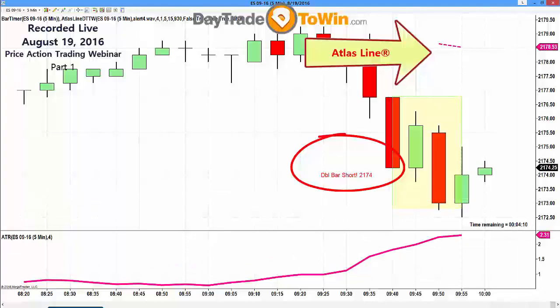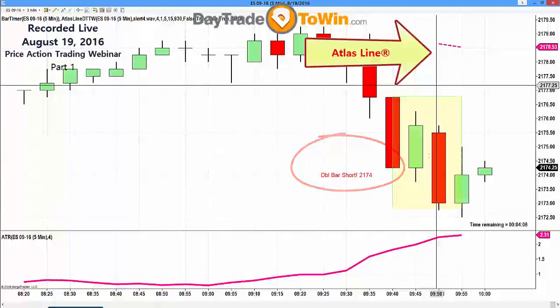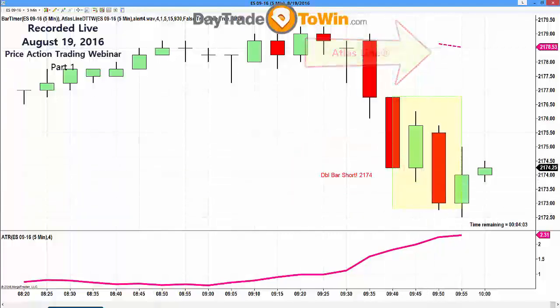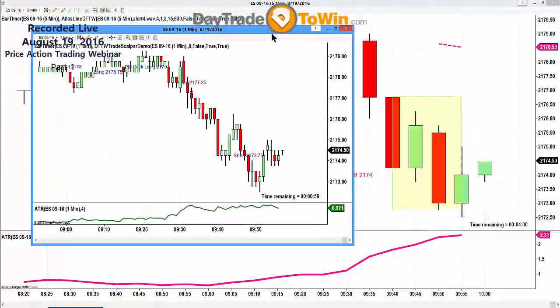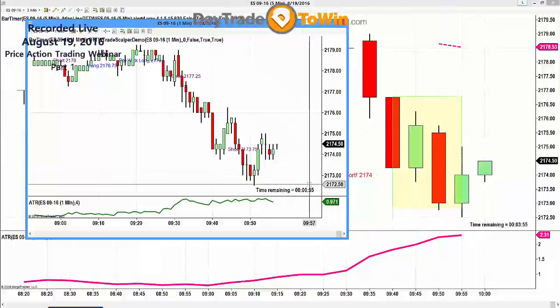Now, if you look at the 5-minute chart, it's going to be very, very different than a 1-minute chart, right? Because if you look at a 1-minute chart, you're not looking at 4 5-minute candles, you're looking at 4 1-minute candles.